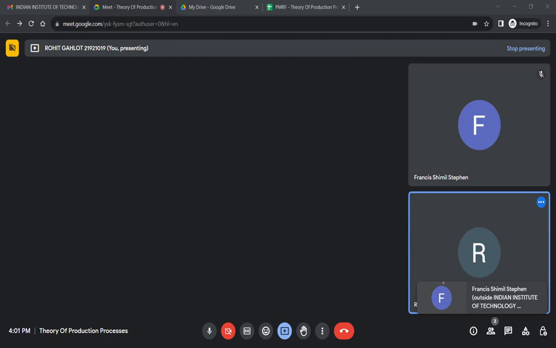If you see, the freezing ratio is the ratio of the two moduli only. This is your modulus of the riser, and this is your modulus of the casting. So that's why I put it that way. Okay.